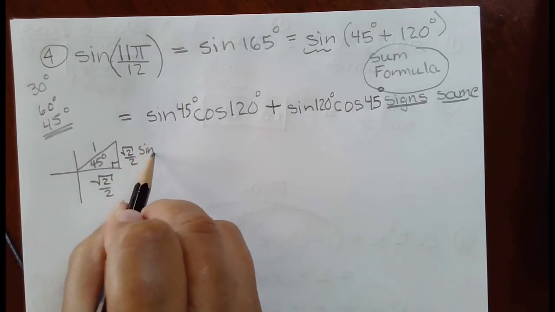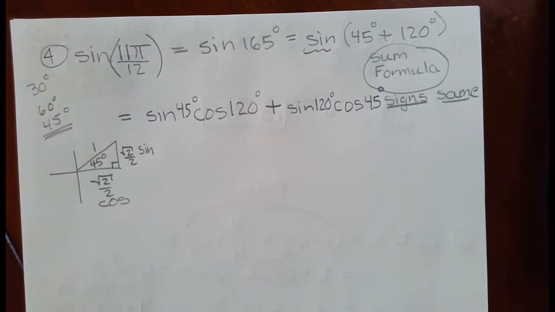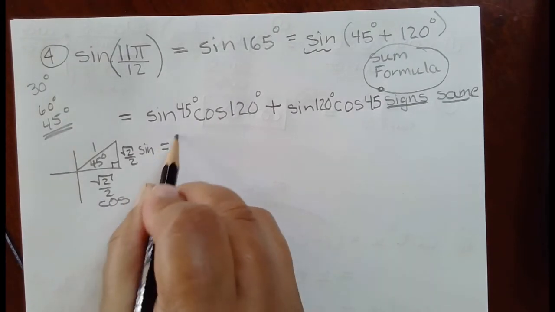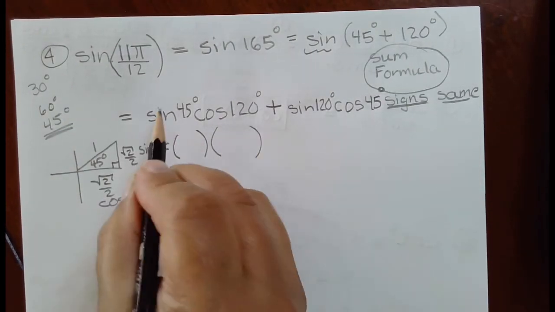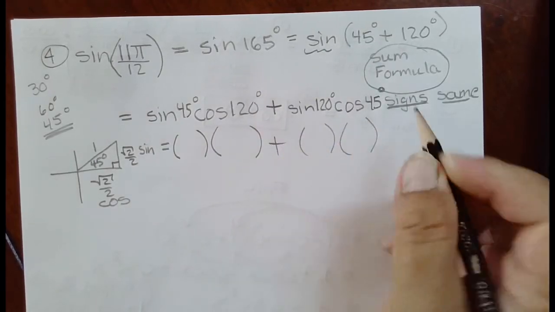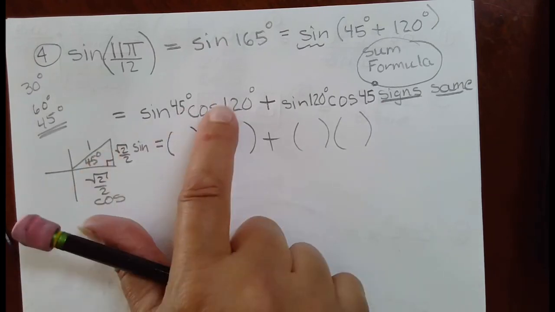Okay, so we're going to do a product here. That's what sine times cosine means. We need not only a 45-degree special right triangle, but we need to know what is associated with a spin of 120. So when we spin to 120, we're in quadrant 2.